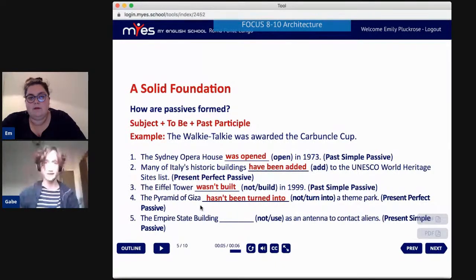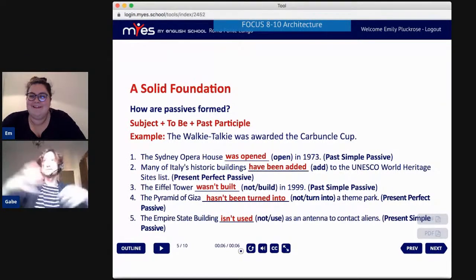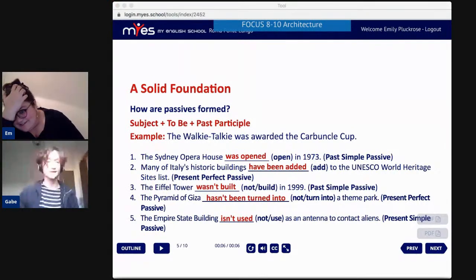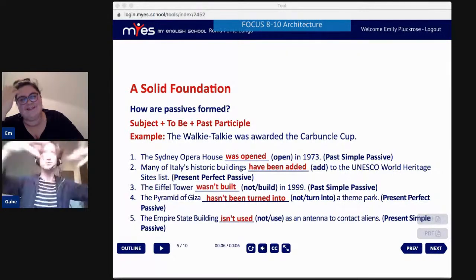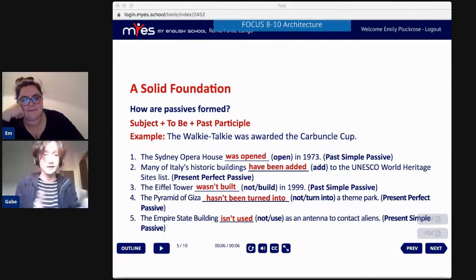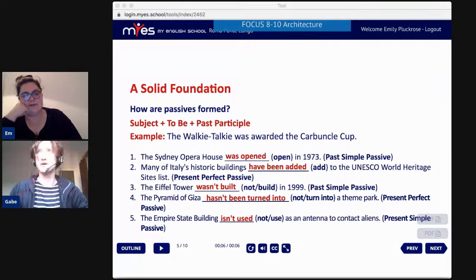The Empire State Building isn't used as an antenna to contact aliens. What's the theme park, Gabe? A theme park is a recreational park. I'm trying not to use the word park, but it's a kind of recreational venue in some regards for rides, but usually based around a certain concept of some kind.